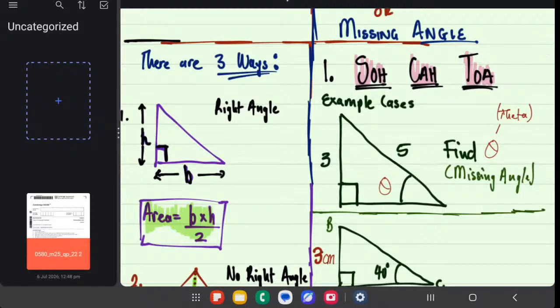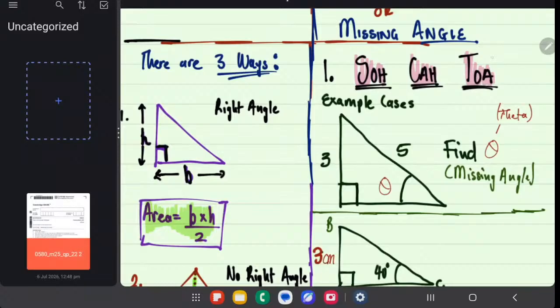If you are finding a missing angle, what method must you use? Read out what I wrote in black at the top and highlighted in pink. So, you use what? SOHCAHTOA. Good.